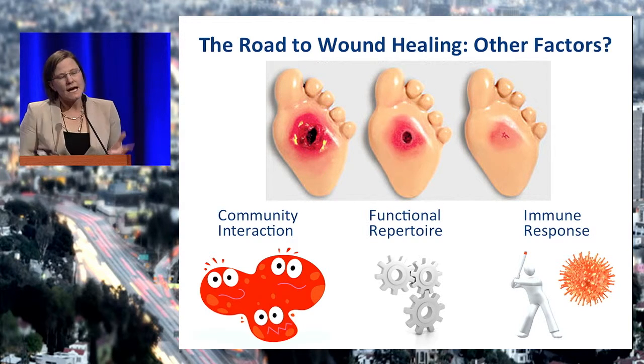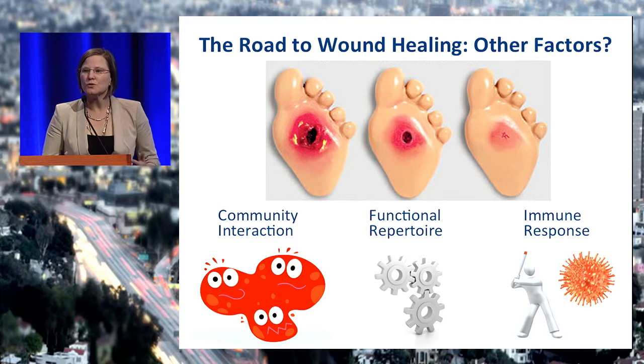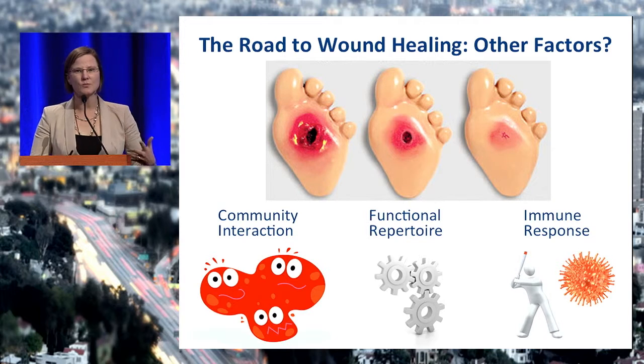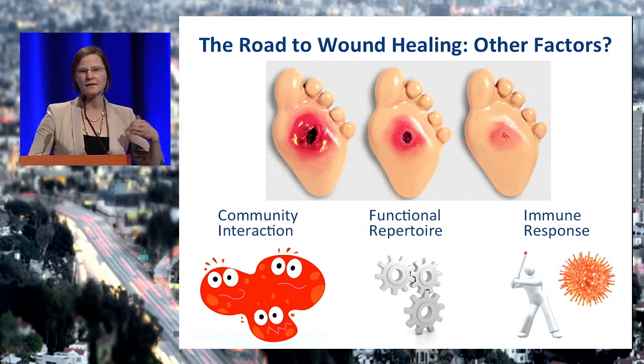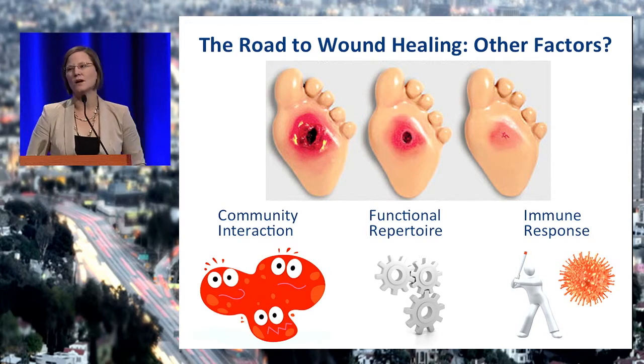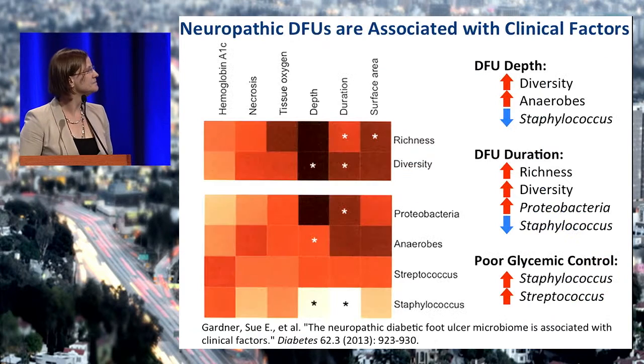And then lastly, we really need to think about the immune response. There's a lot of crosstalk between the host and the bacteria that are present in a sample, and we need to consider that when we look at all of these things together.